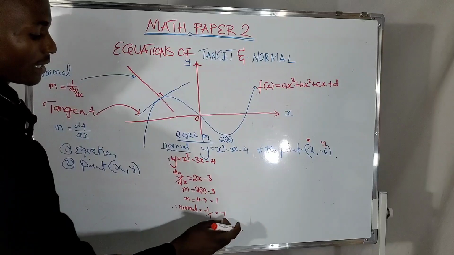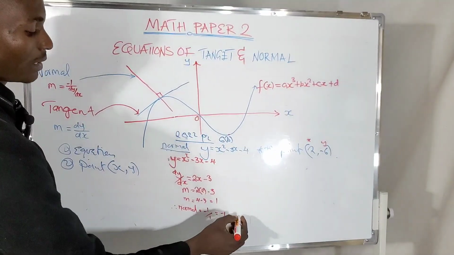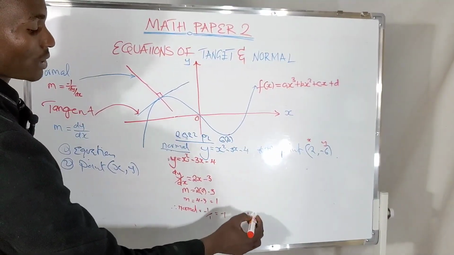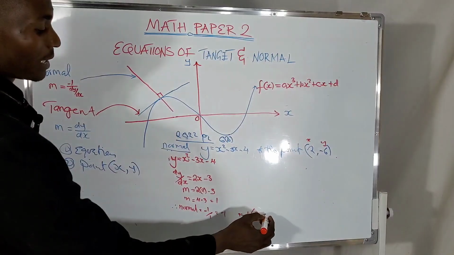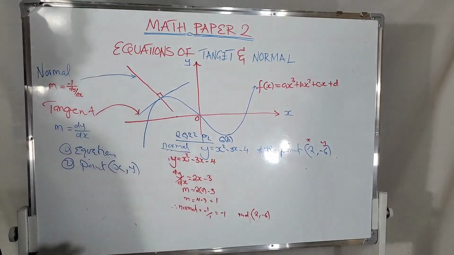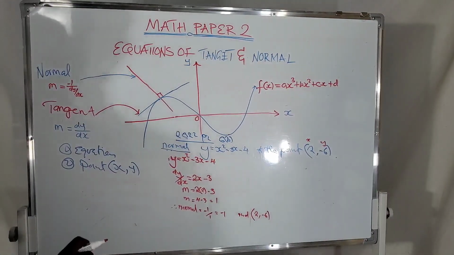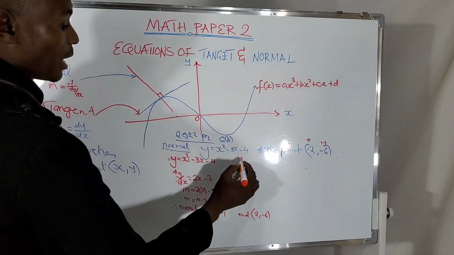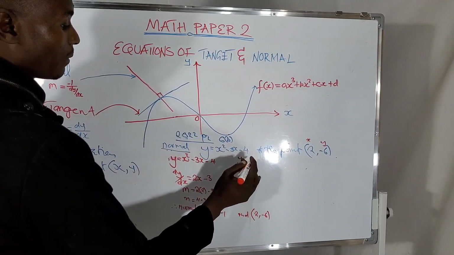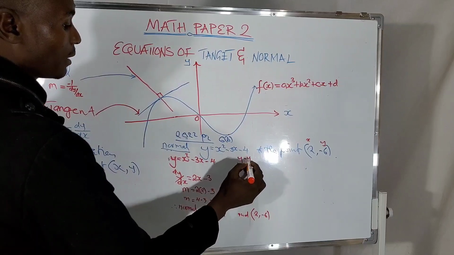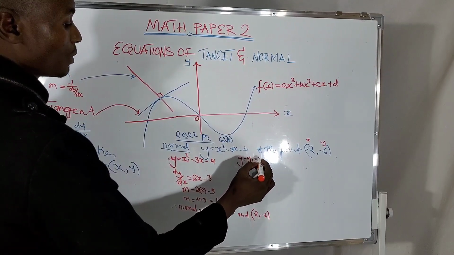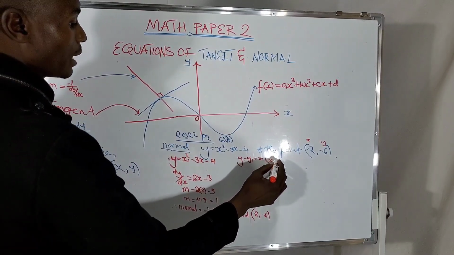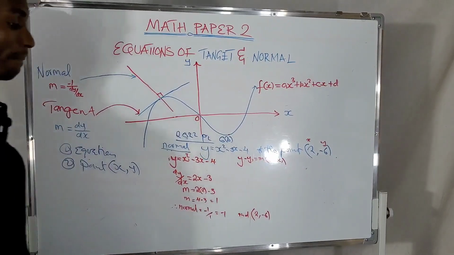So we have the gradient of the normal, negative 1, and the point 2, negative 6. Then the equation can be found easily. The formula for finding the equation of a line is y minus y1 equals m times x minus x1.